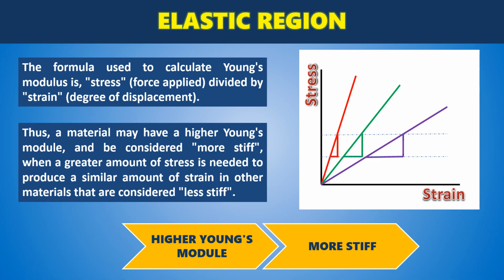When we look at the purple line here, the stress, which is the numerator, is smaller than the strain, the denominator. So we have a small Young's modulus of elasticity, which means the material is flexible and requires a small amount of force to create a larger shape deformation.